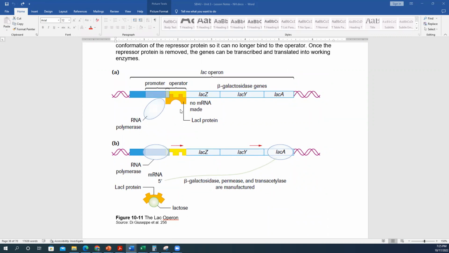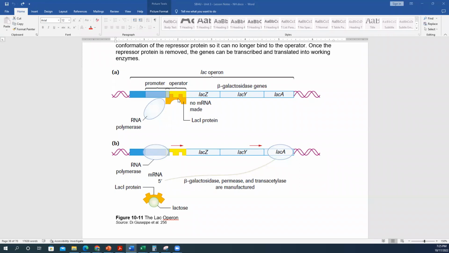This here is the diagrammatic representation of the lac operon, which is basically a group of genes located on a bacterial chromosome that contains a series of structural genes, a promoter region, and in between the promoter region and the genes that encode some structural proteins is a sequence called the operator.